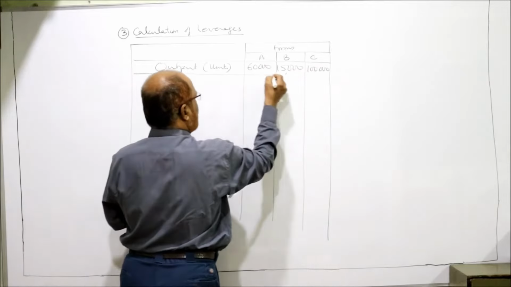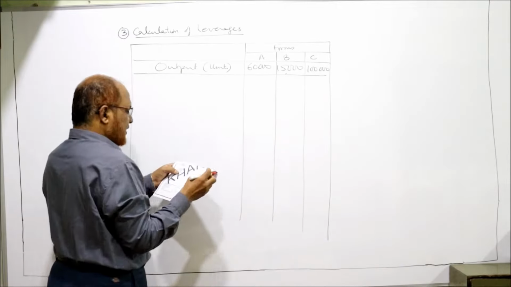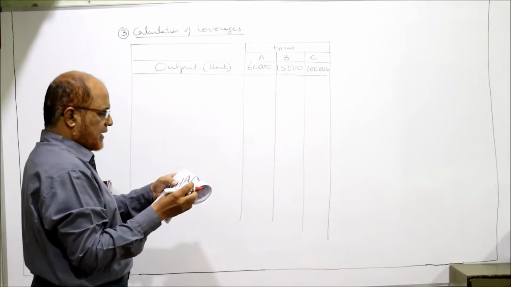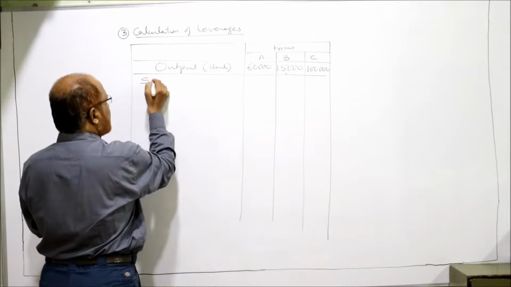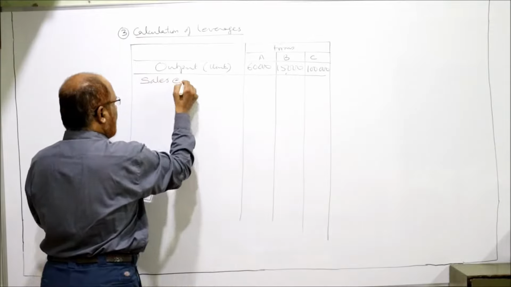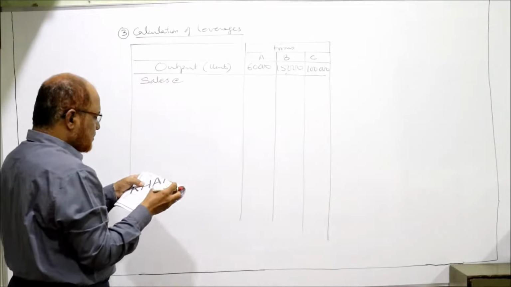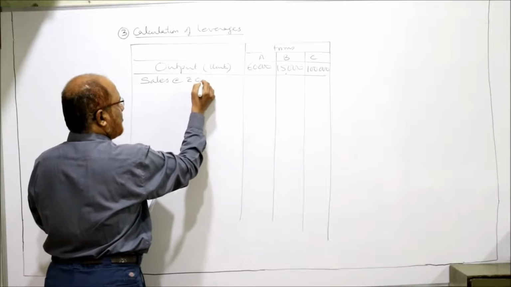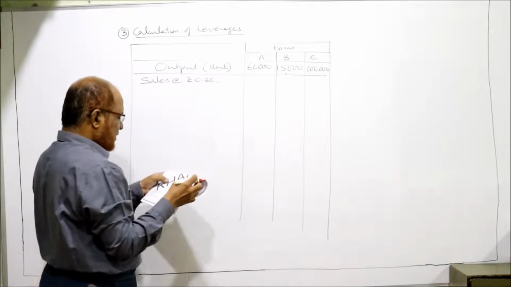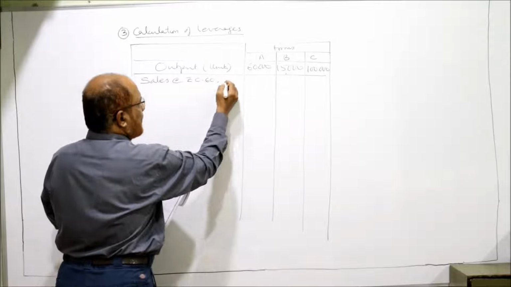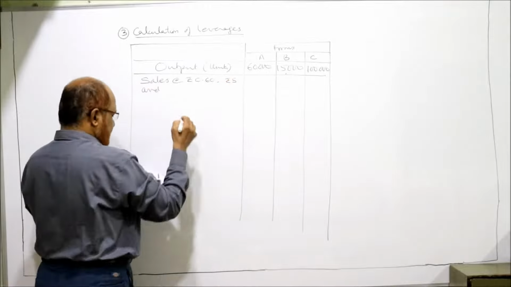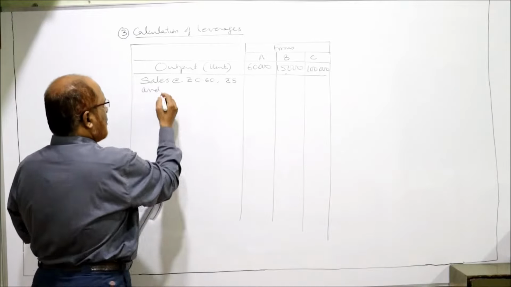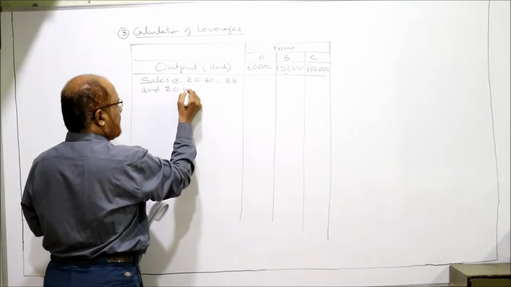This is only information, output is given. Now fixed cost is given, variable cost, selling price, interest on borrowed capital. So first we take sales at the rate of, what is the selling price per unit? 60 paisa per unit, comma, for B 5 rupees per unit, and for C rupee 0.10 per unit.